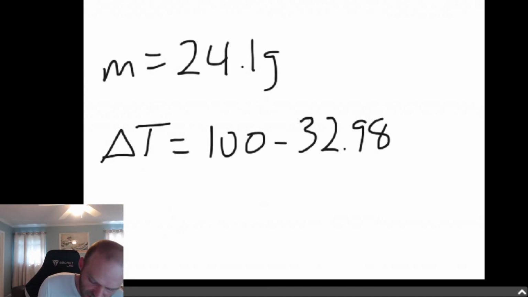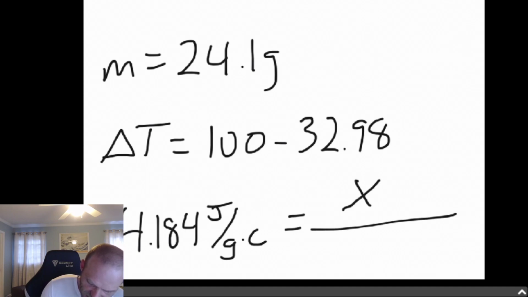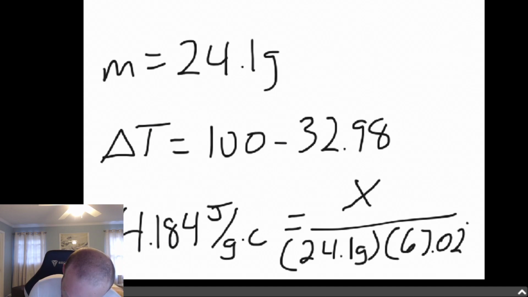All right, so now remember, 4.184 joules per gram Celsius equals, we're solving for X, which is Q, and then we just plug in here 24.1 grams, and the temperature change will be 100 minus 32.98, which equals 67.02 degrees Celsius.